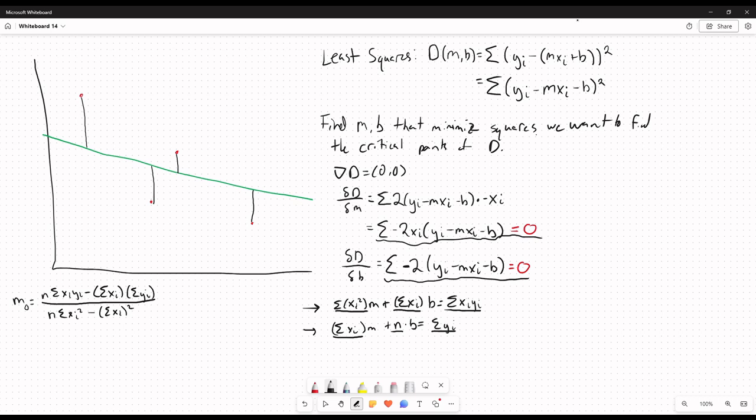So that's your m, and your b value is going to be the sum of the xi's squared times the sum of the yi's minus the sum of the xi's times the sum of the xi yi's, all of that over n times the sum of the xi squared minus the sum of the xi's squared.